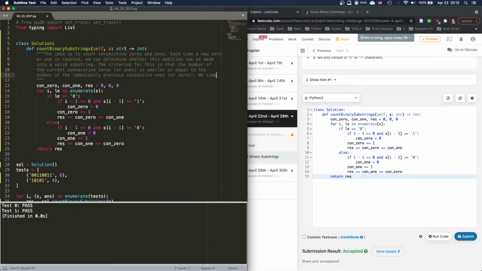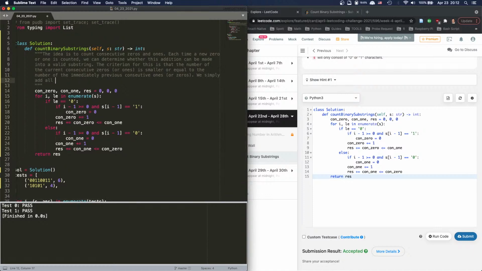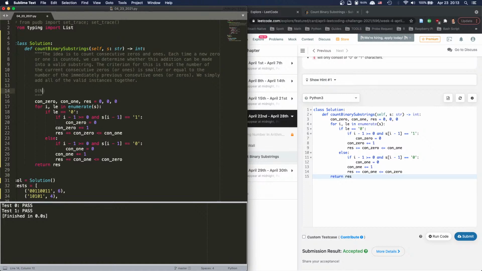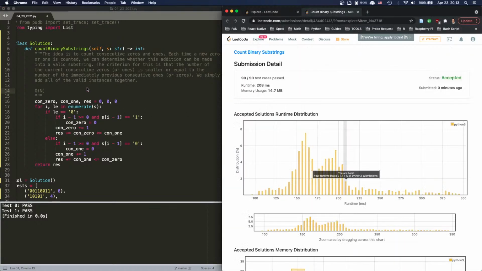We simply add all of the valid instances together. So this is O(n) because we just run it one time.